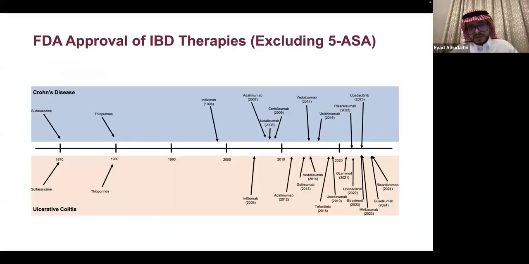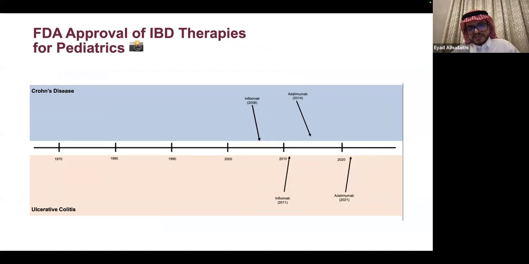If you can see here, these are the FDA approved IBD medications in adults. And if you look at the right side, you can see the explosion of medications approved for IBD in the adult world. However, if you compare it to pediatrics, it's not that much.